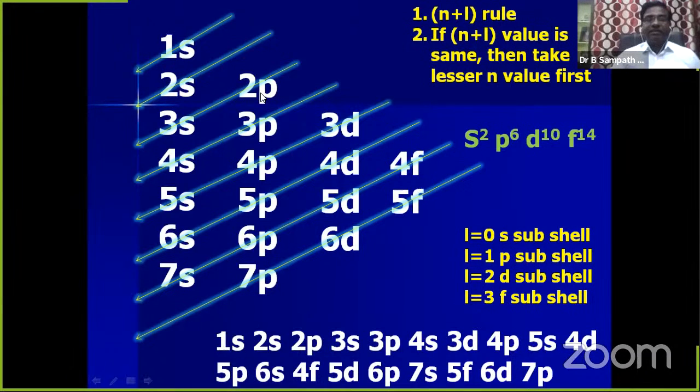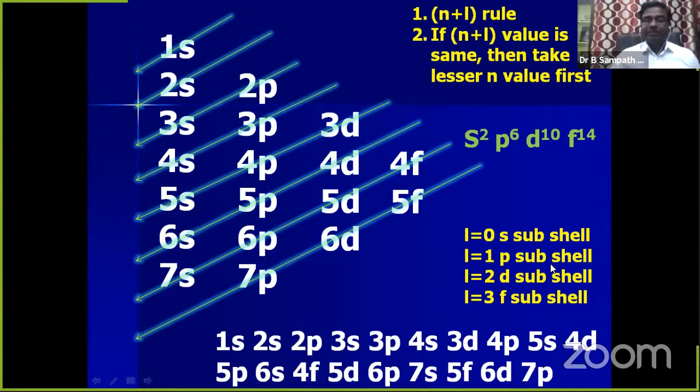Which has less energy and which has more? Let us see the n plus l value for 2s and 2p. Here, n is the principal quantum number and l is the azimuthal quantum number. For the s subshell, the l value is 0.